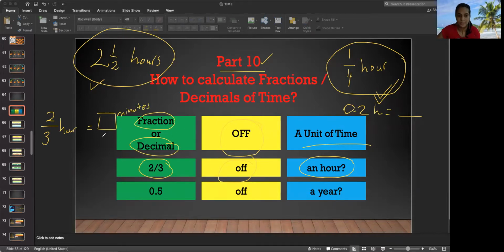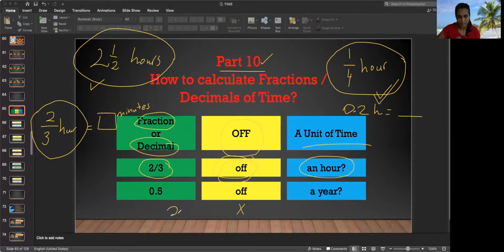But how do you understand this question 2/3 hour? It means 2/3 of an hour. There is an invisible "of" here. What does that "of" mean? That "of" means you multiply.